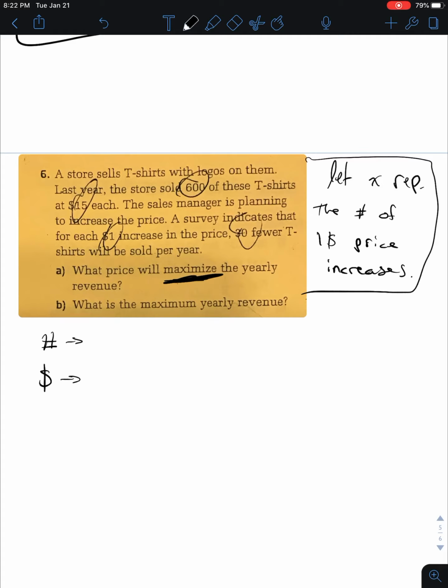I have an inventory equation, and I'm going to have a dollar equation. With numbers, I'm going to have 600 of these shirts.